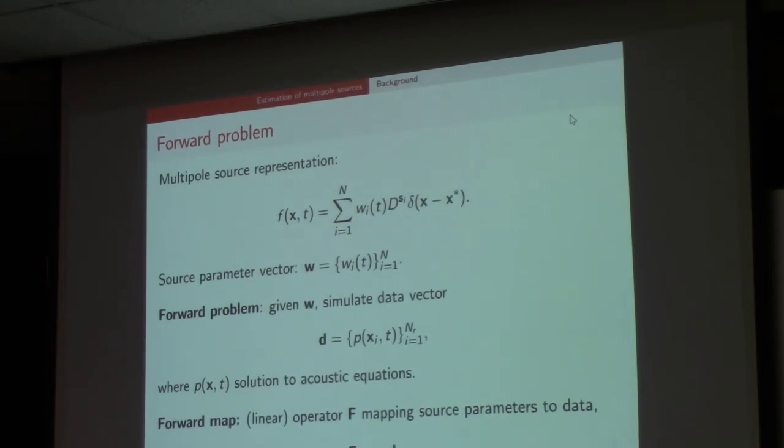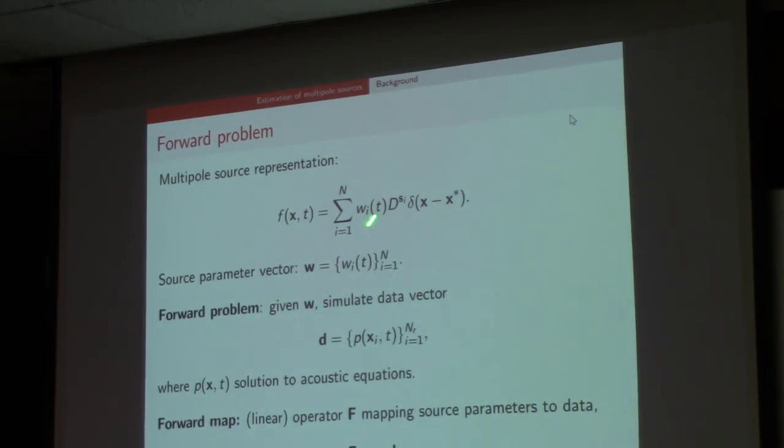I'm going to assume I know the location, but I want to know what the time component is. And this might be useful in earthquake seismology, if you want to know something about the temporal evolution of the earthquake, or in the exploration seismology case, where that might be an important thing to know, even within the regular inverse problem of recovering medium parameters.